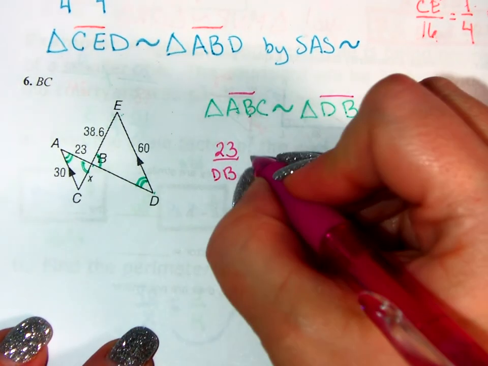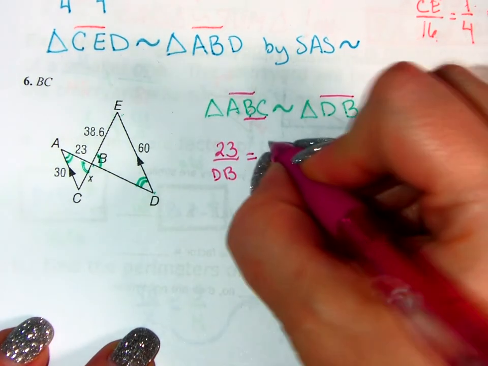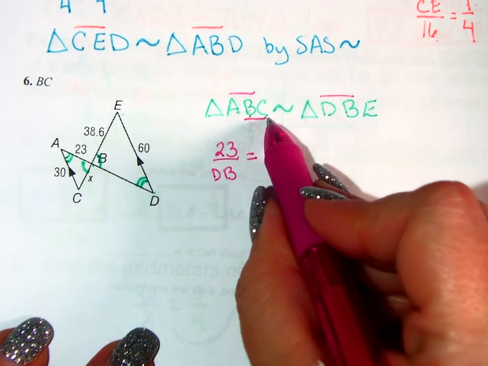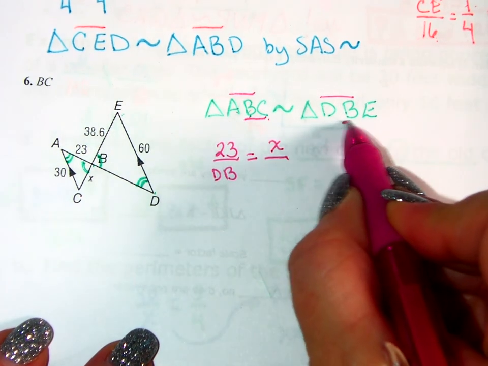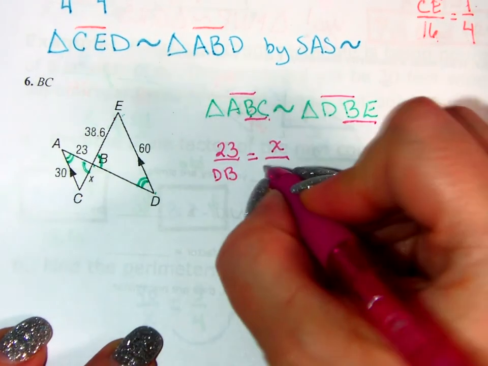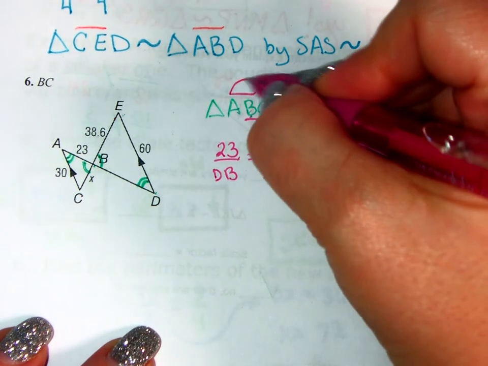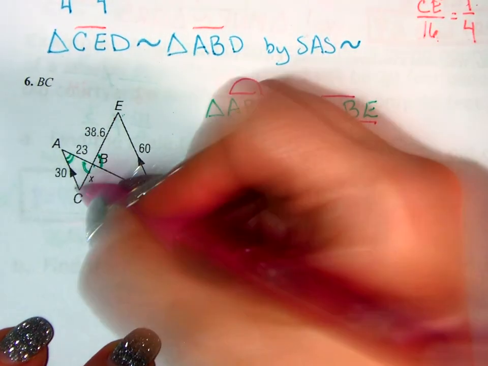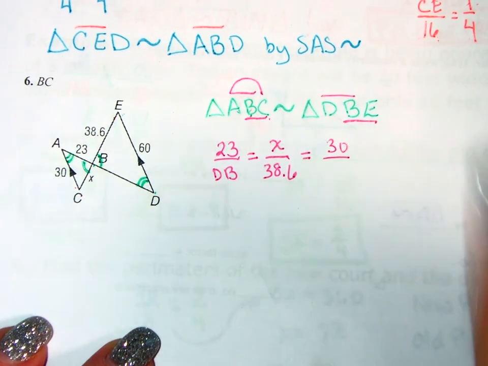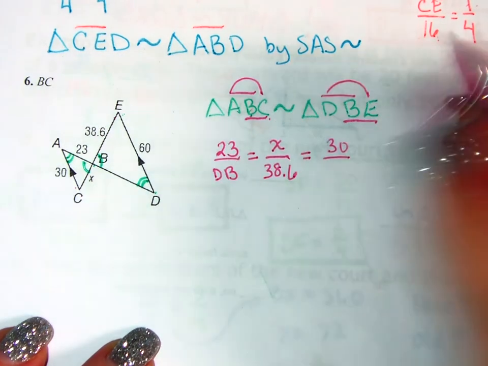Okay? I know that BC, the one I'm trying to find, x, matches with what? With BE, which is 38.6. I know that AC, which is 30, matches up with what? With DE, which is 60.